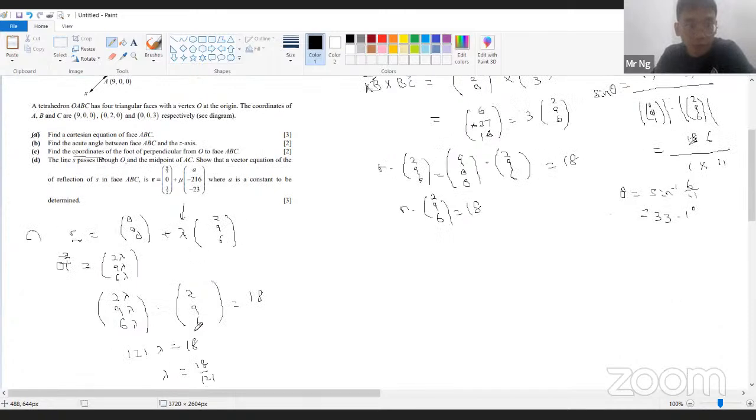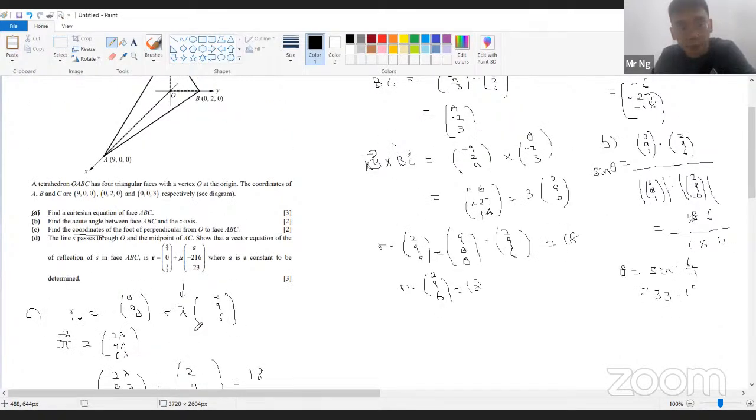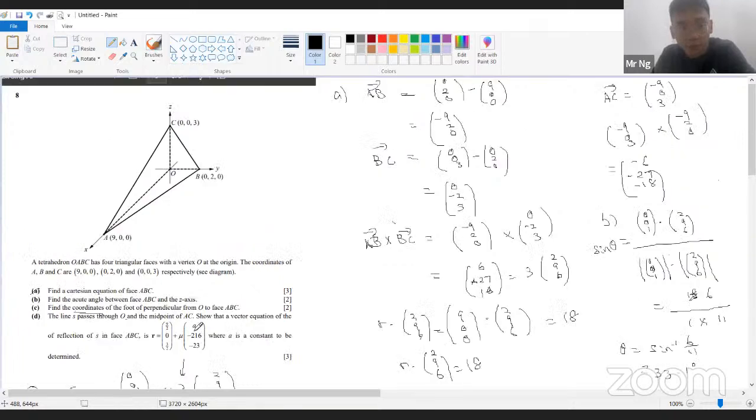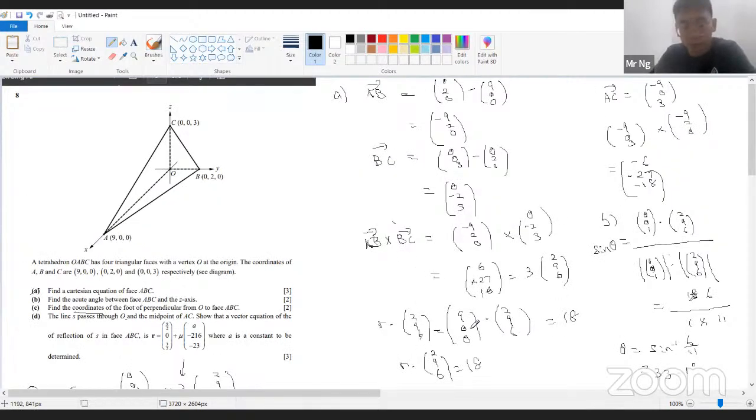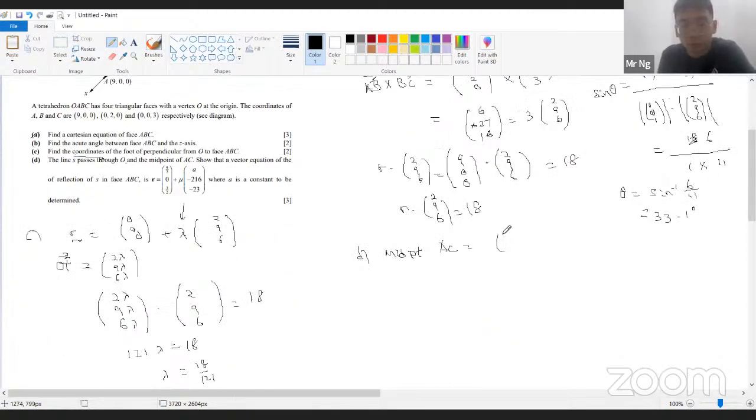So very easy. First thing you need to find the reflection of O in the plane. Then after that find the midpoint of AC. The midpoint of AC doesn't need to be reflected because it's already in the plane. So the midpoint of AC is half of this.